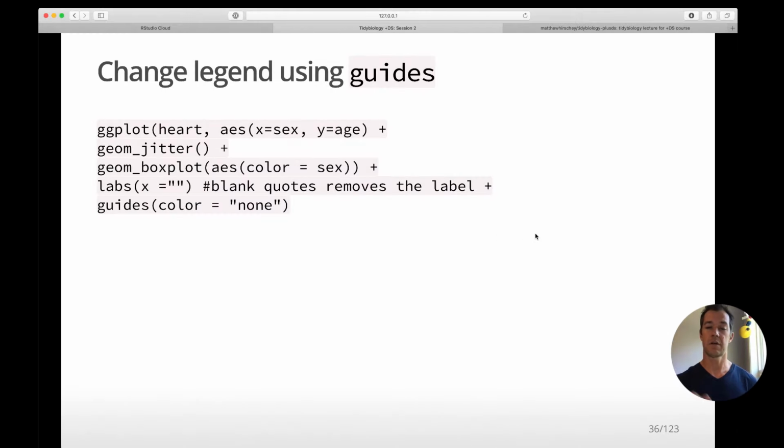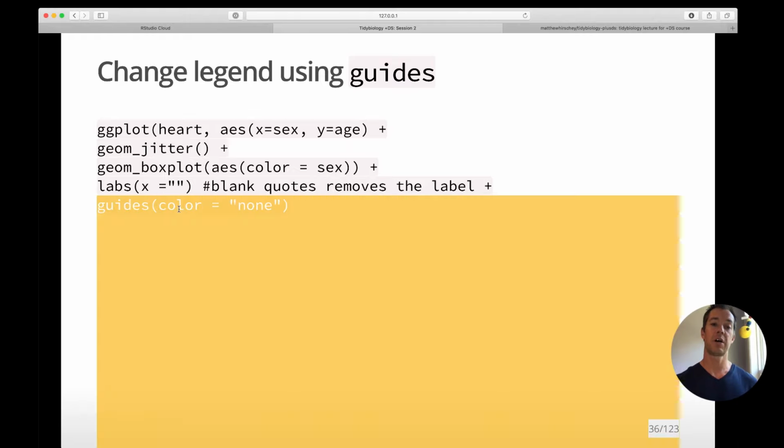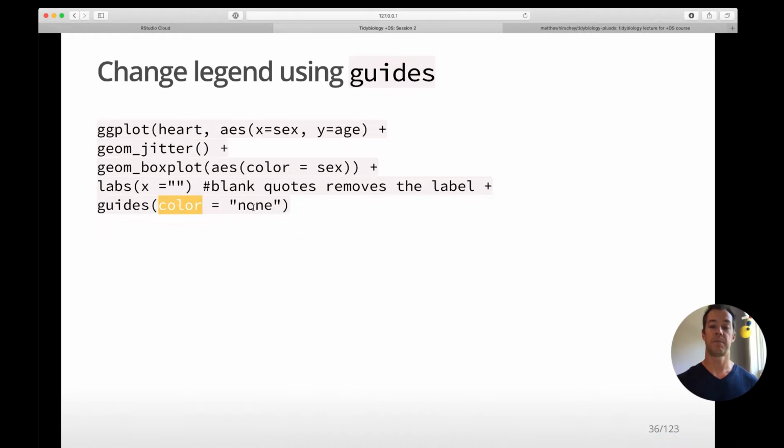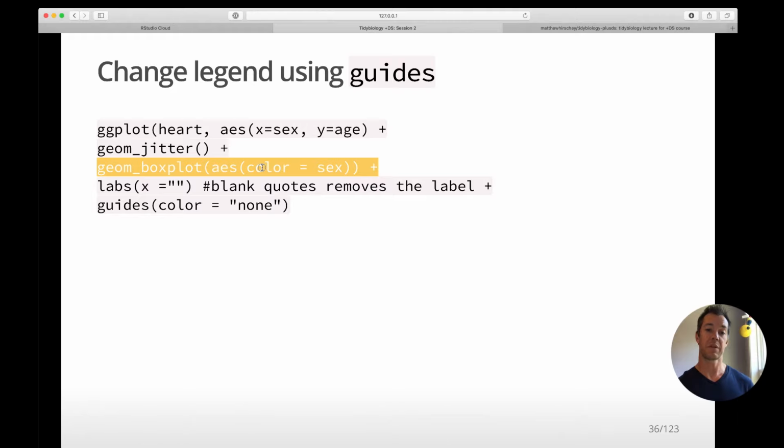The other thing we said we wanted to do is remove this guide over here, this figure legend. The way that we do this is with another layer. This is called guides, and we can change several aspects or attributes of guides. But the way that we want to change this one is by setting the guide for color equal to none. The reason that we say color equals none is because the guide is telling us about the color. It's mapping color to sex.